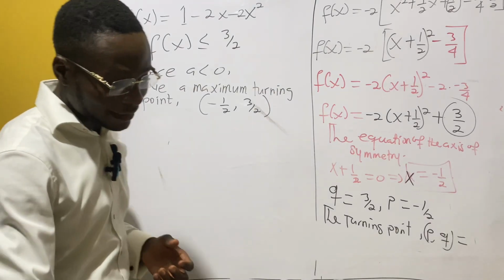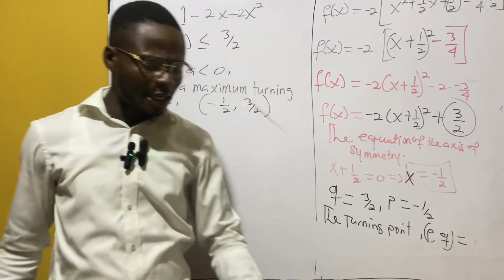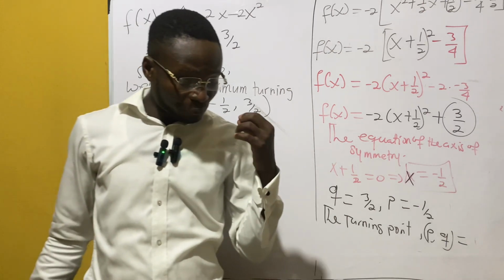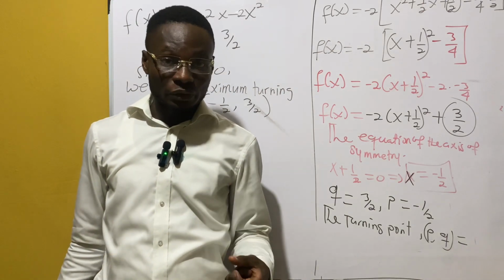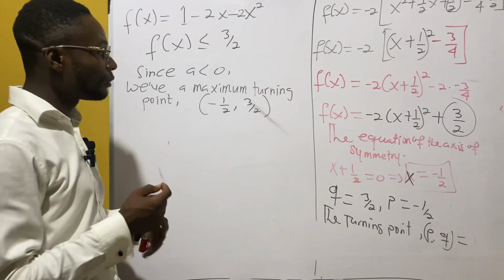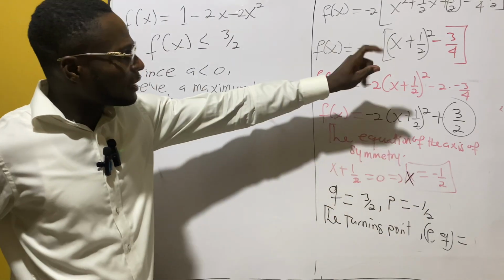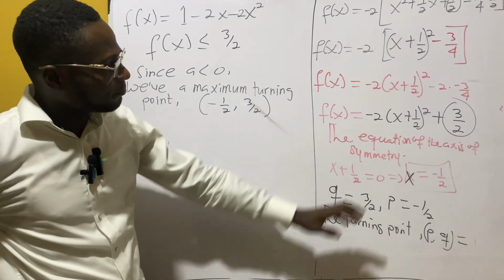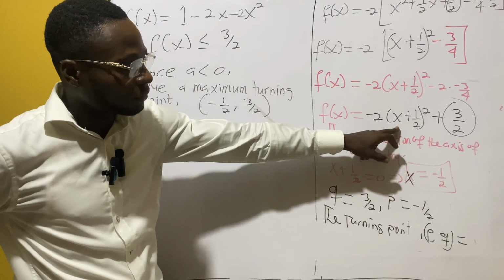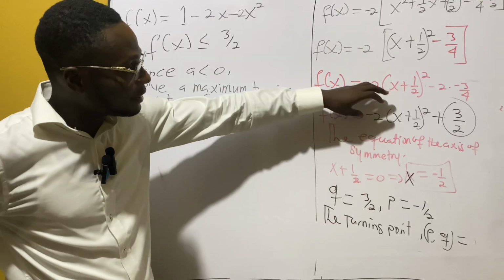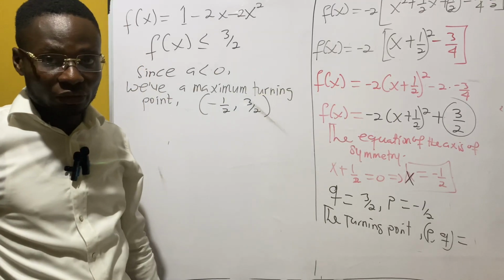Now we are interested in finding the roots or the zeros, right? In finding the zeros, all you do is take this equation and equate it to 0.